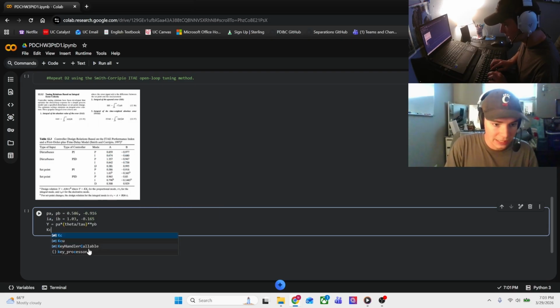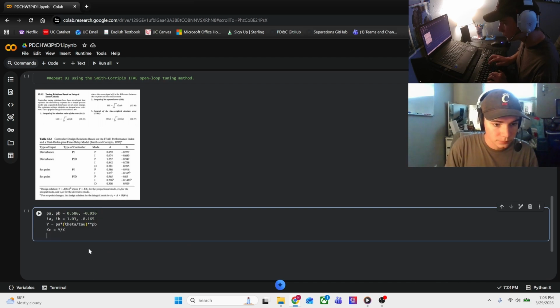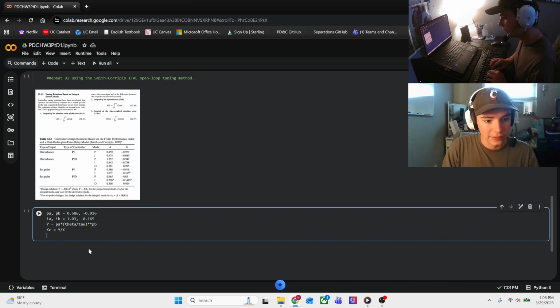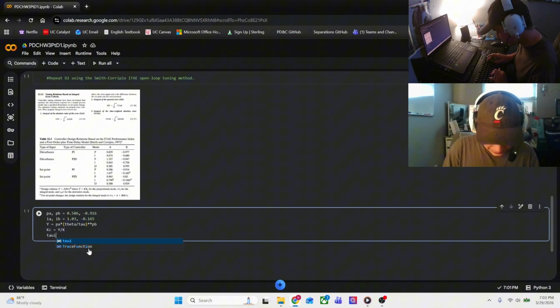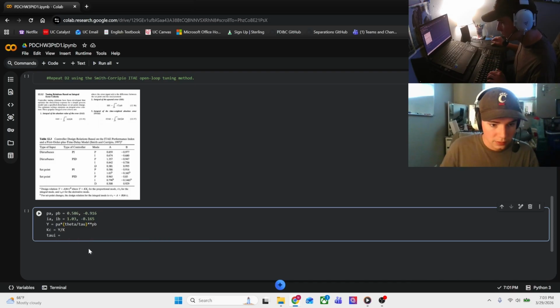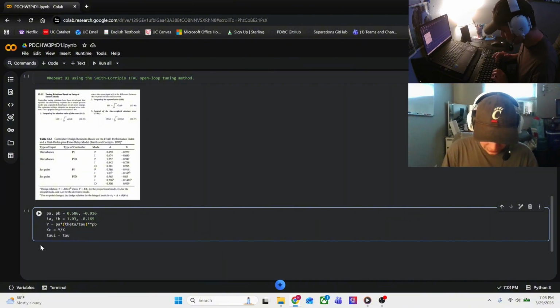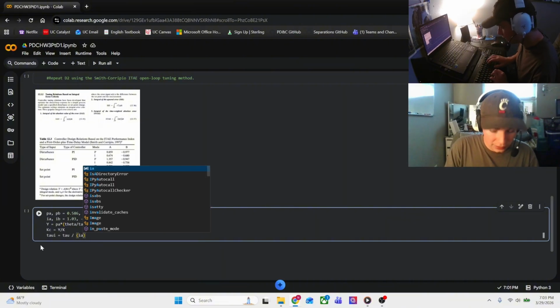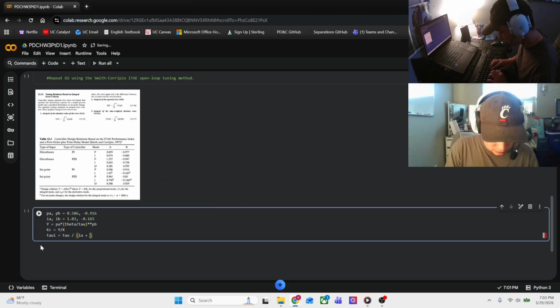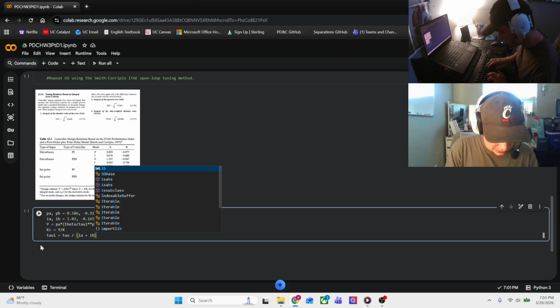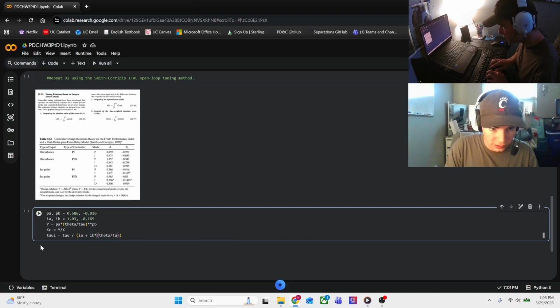And then we can find our Kc to be our Y divided by our K. And then finally, we can find our tau I to be our tau divided by our IA plus our IB times our theta over tau.